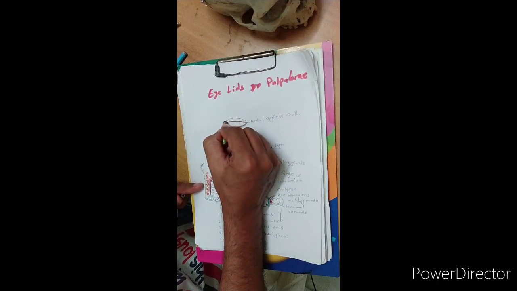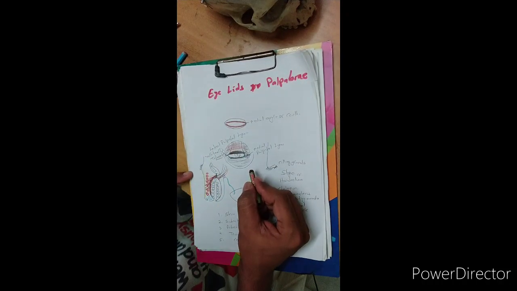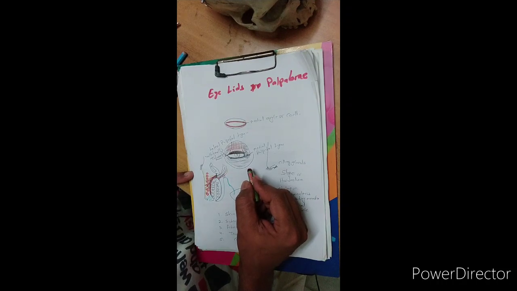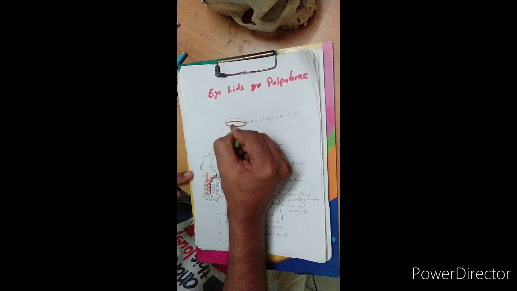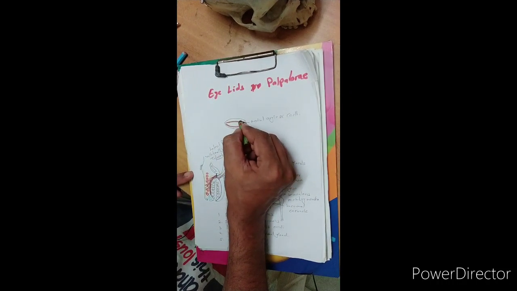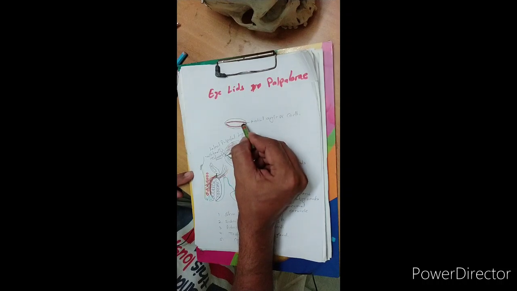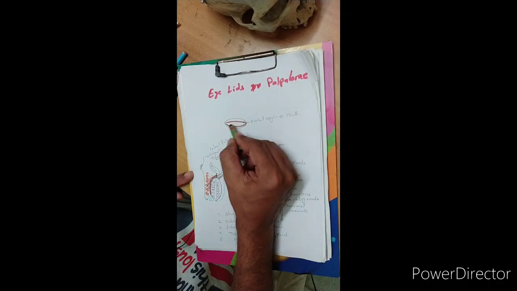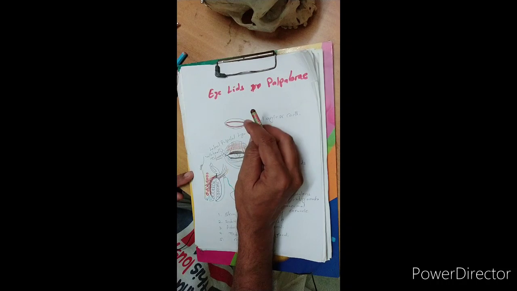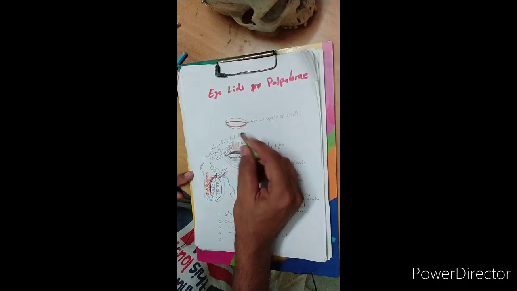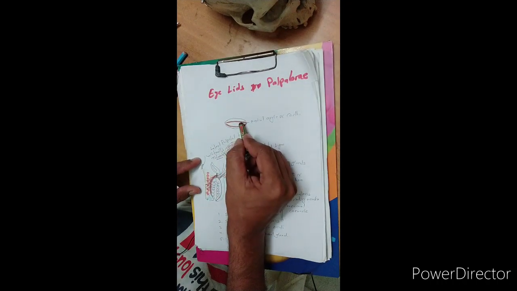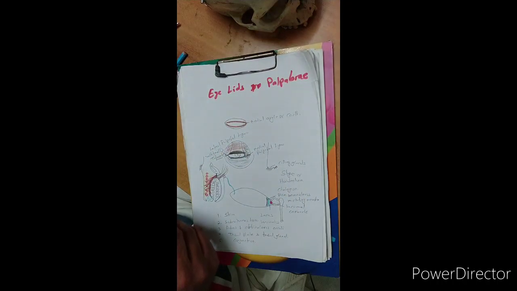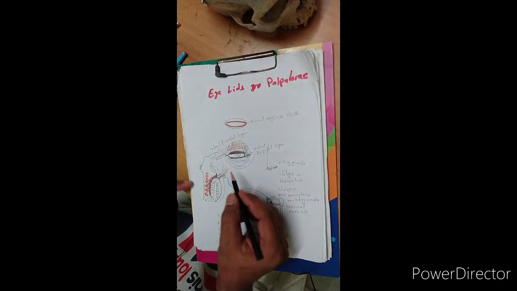These are known as the tarsal muscles, the superior tarsal and the inferior tarsal muscle, which are attached at the margin of both eyelids. When these muscles contract, they widen the palpebral fissure. So this is the palpebral fissure here, and contraction of this muscle leads to widening of the palpebral fissure.